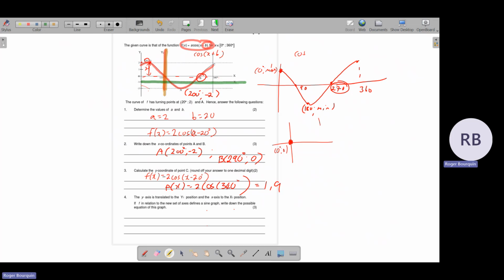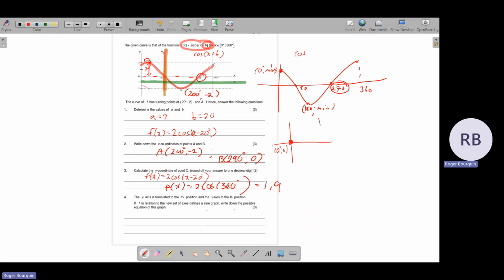They haven't moved the graph. I don't like this question personally. If f in relation to the new set of axes defines a sine graph, write down the possible equations of this graph. So those are my new axes, and this is a sine graph, right?